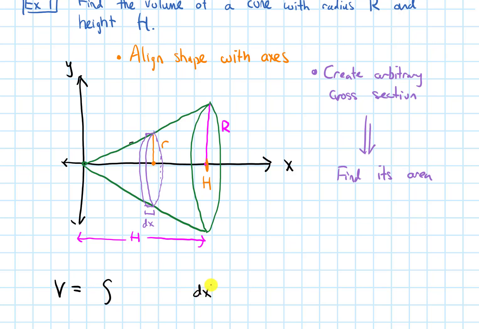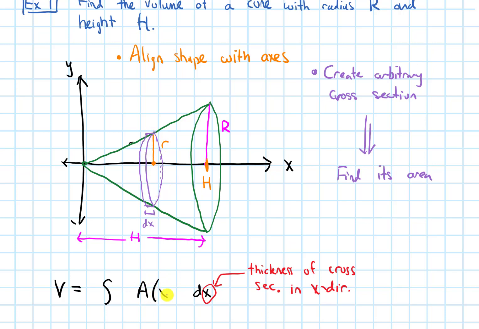And the way that I can tell is that the variable here has to do with what direction the thickness of these slices is in. And for my shape, the thickness of the cross sections is in the x direction. And that's how I know it's a dx integral. And I'm going to be taking the integral of my area function.